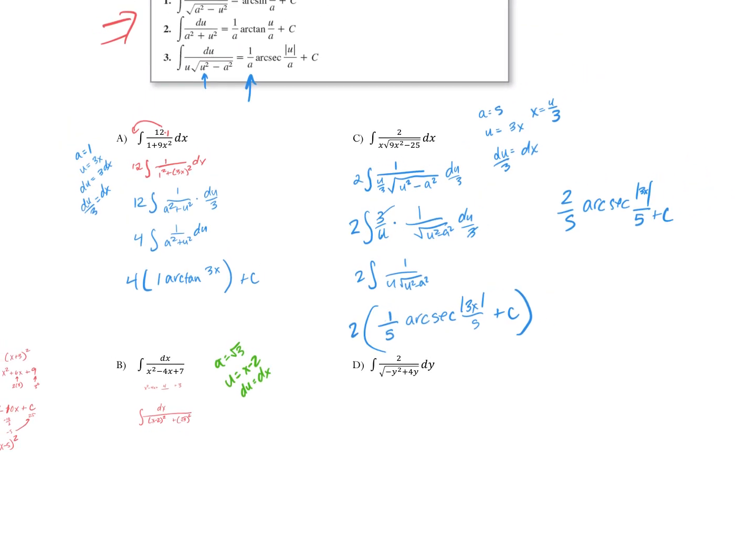And let's see, I'm pretty sure that works out to be 1 over square root 3 arctan of x minus 2 over the square root of 3 plus c. We feeling okay?